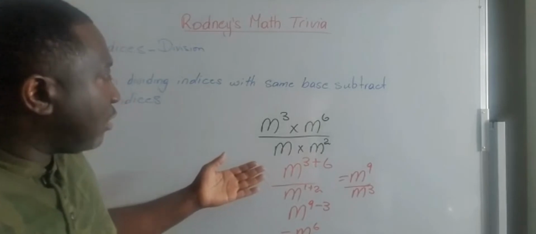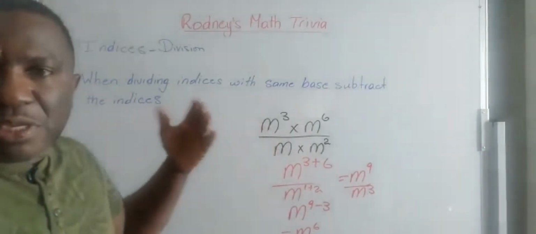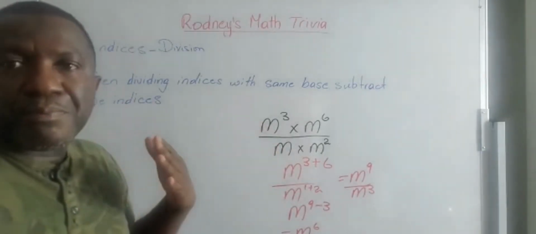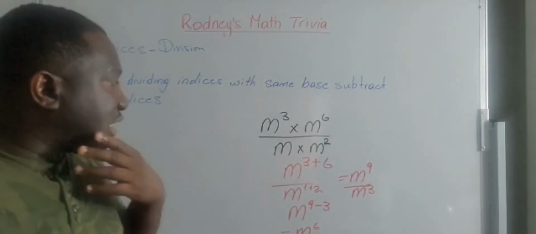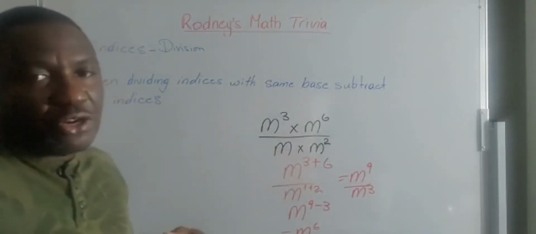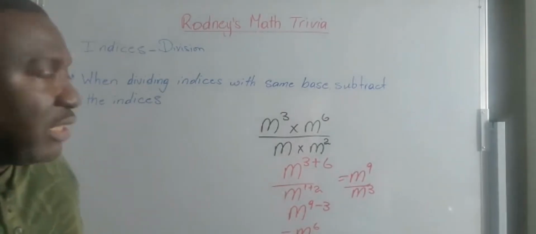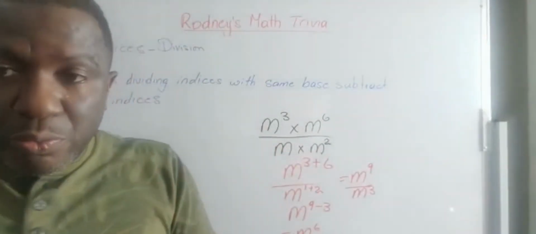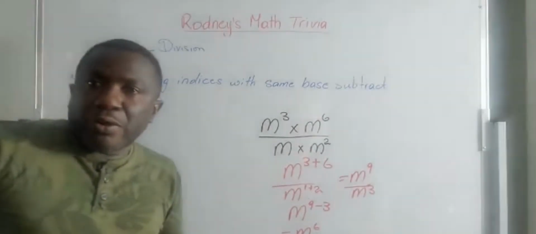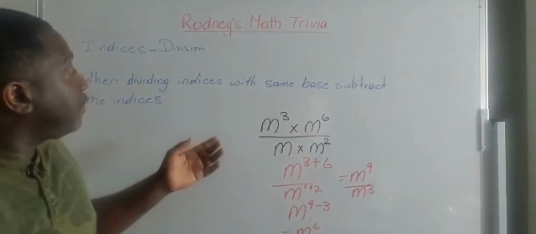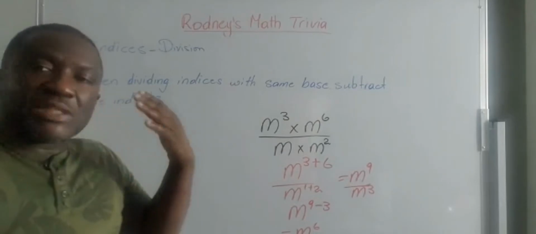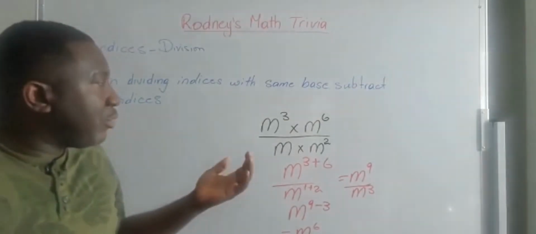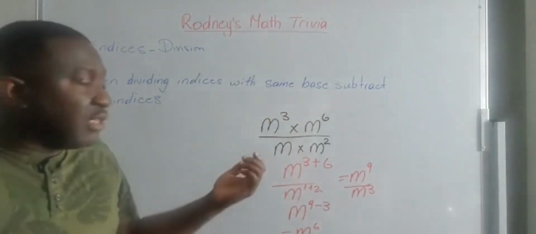So again, in multiplication we are adding the indices. In division we are subtracting the indices. So all we need to remember, guys, is what the rules are. For multiplication, once the bases are the same, we then add the indices.